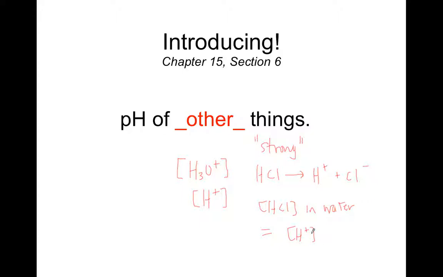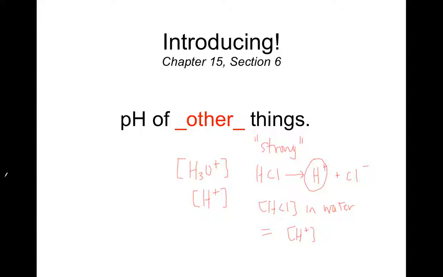Did you hear that? Let me say it again. The concentration of HCl in water is the concentration of H+. Why? Because when these guys hit water, they all fall off. So finding the pH of a strong acid is the first thing that Tro starts out with in section 15.6.